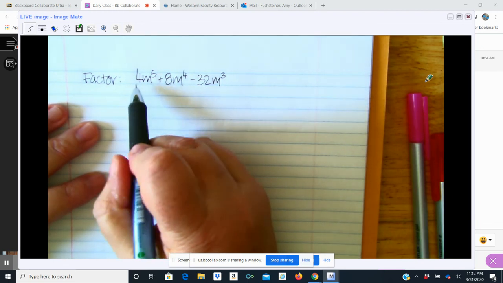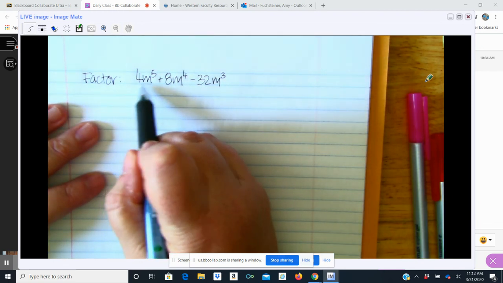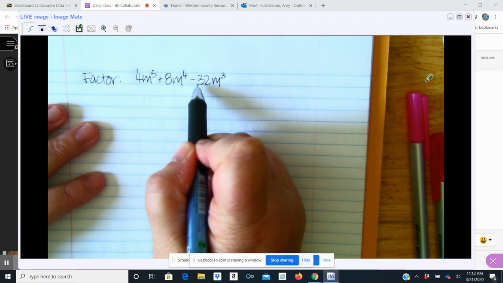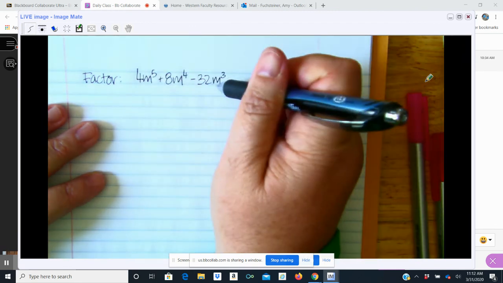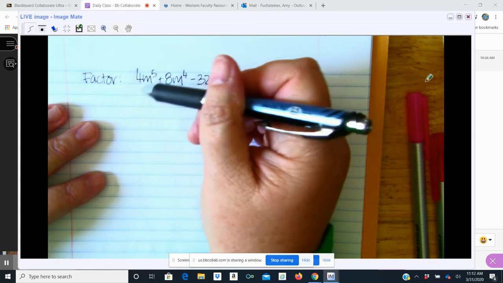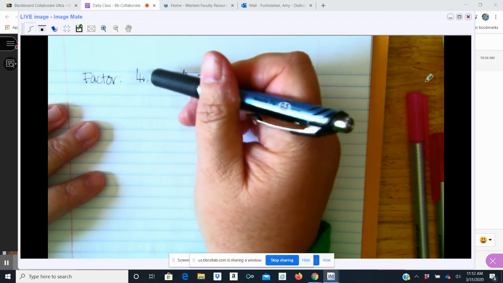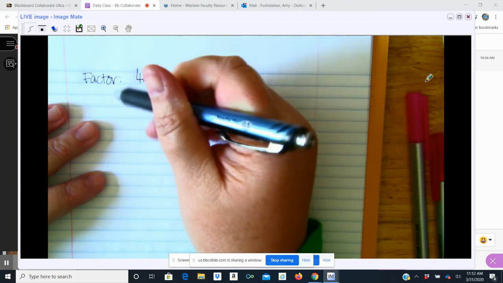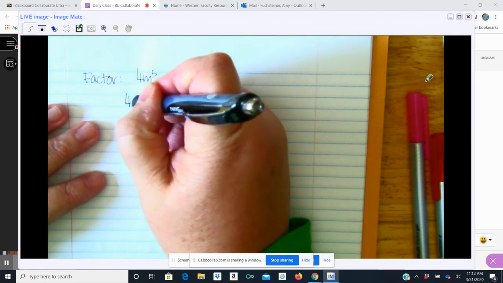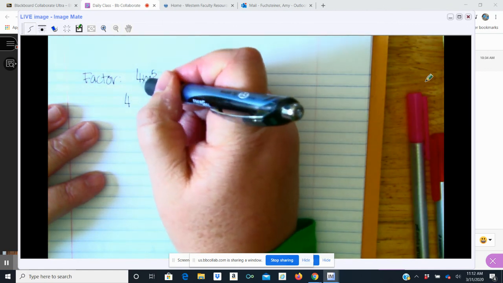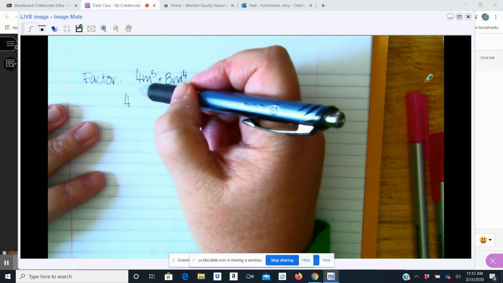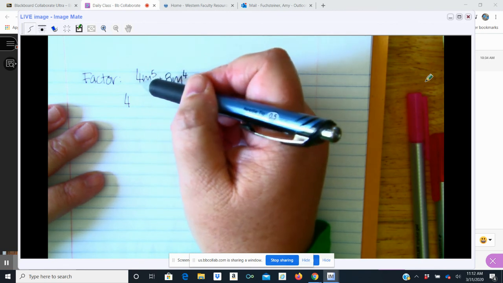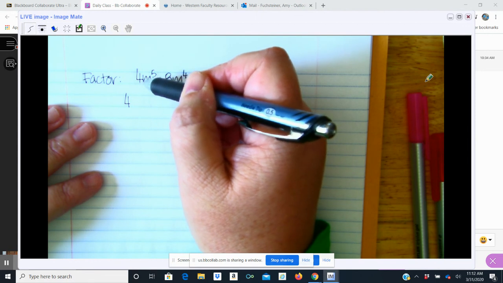Then I would look at the coefficients. Can I take a 4 out of everything? Well, it's not always a clue that you can pull a 4 out of everything, or that you've got a leading coefficient here. But it is sometimes. It's worth a check if you've got a 4 in front.